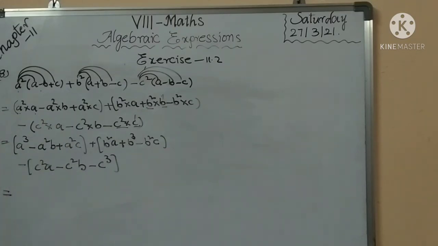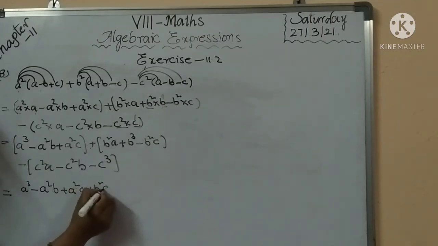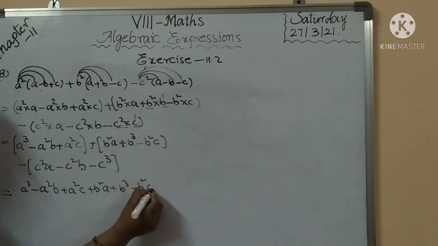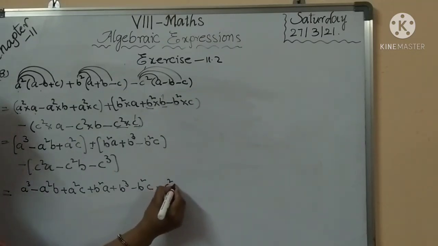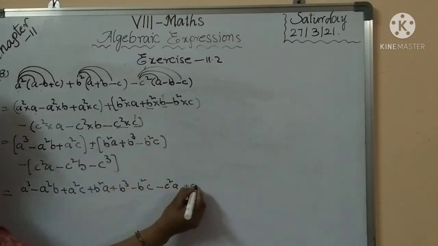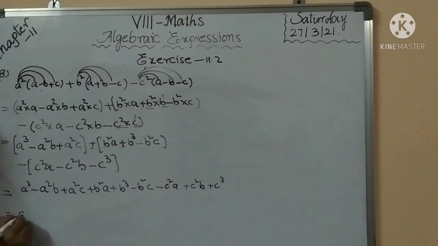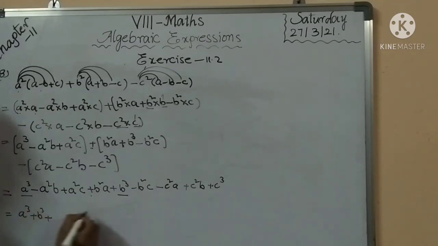Now write here a cube minus a square b plus a square c, adding of product of the positive, plus b square a, plus into plus plus b cube, plus into minus minus b square c. Next here minus into plus minus c square a, minus into minus plus c square b, minus into minus plus c cube. First write the terms of a cube, and next here b cube, and next here c cube.